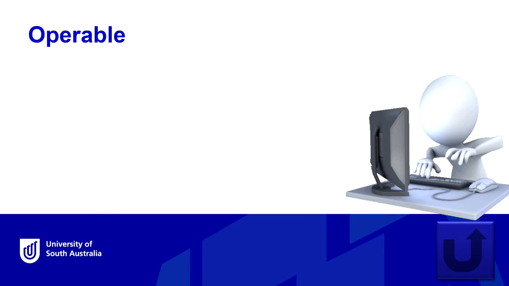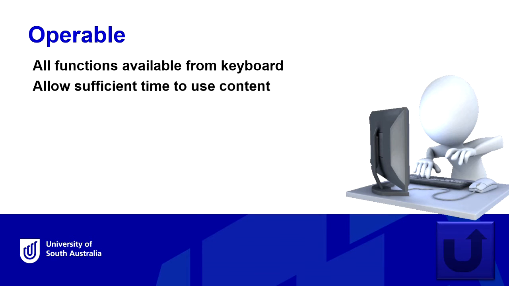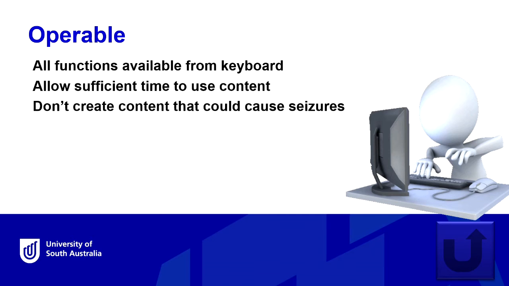Operable content means that users must be able to interact with the content and navigate. In practice, this means all functions are available from a keyboard, and that you allow sufficient time to use content. Those lovely sliding banners we see nowadays can sometimes flick by a little too quickly. And don't create content that could cause seizures.